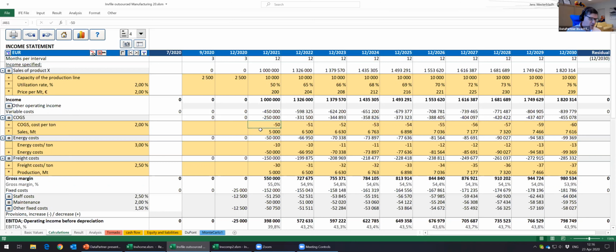So let's say we have no energy costs. Freight is the same. How was it with the personnel in this case? Let's see. Just a moment.